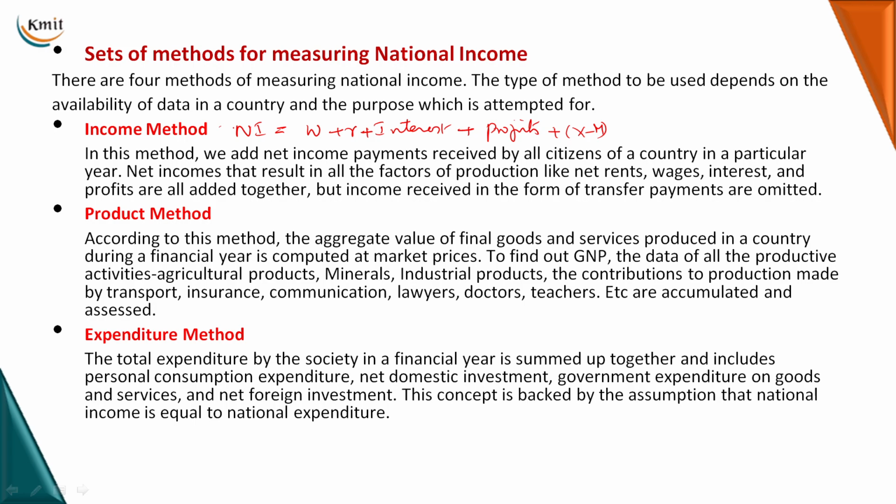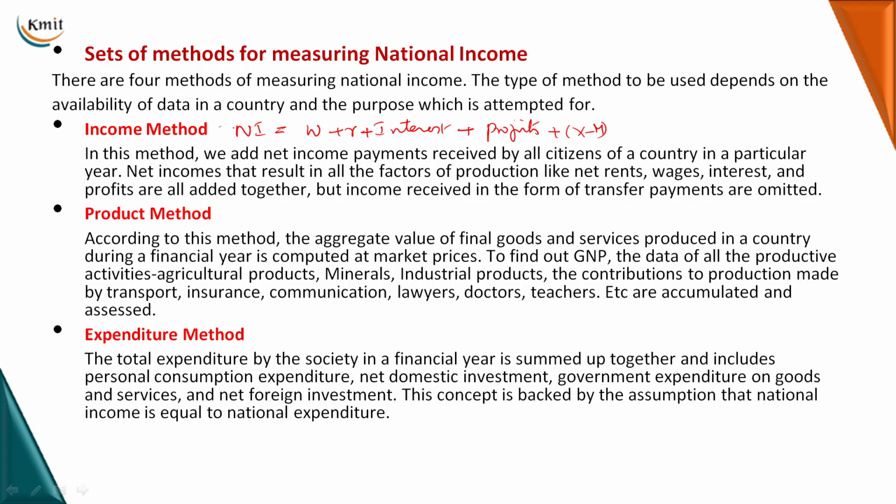So the income that is received from the various factors of production in an economy, put together or added together, will be giving us the national income. But national income received in the form of transfer payments are omitted here.